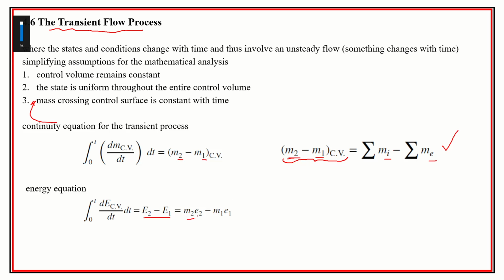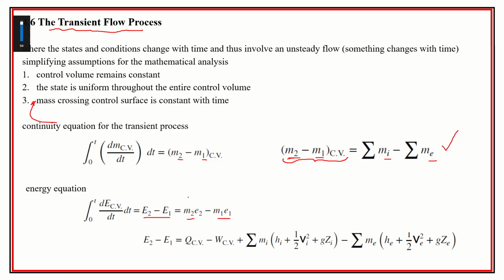So that's mass 2 times the specific energy 2 minus mass 1 times the specific energy 1. Quite often we are going to use little u's, so we're going to have internal energy as what we're measuring the change in. So the mass times the internal energy, and you notice it goes 2 with 2 and 1 with 1. All right, so those are important things to check out.